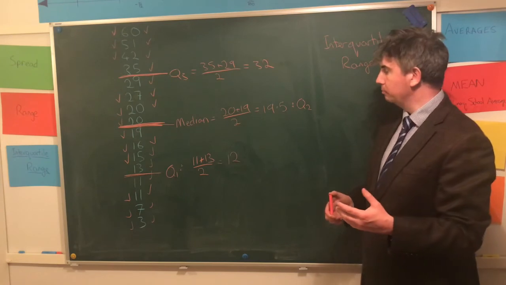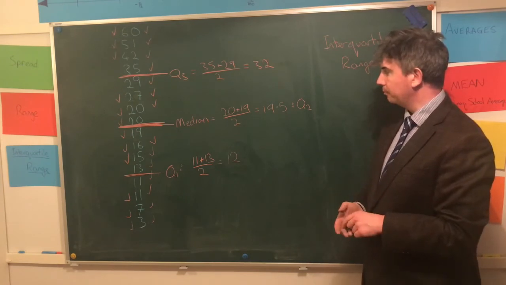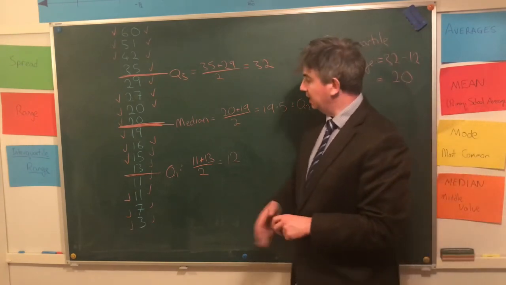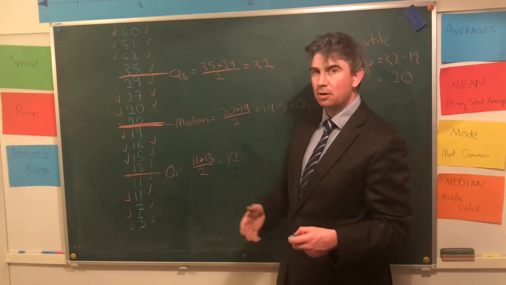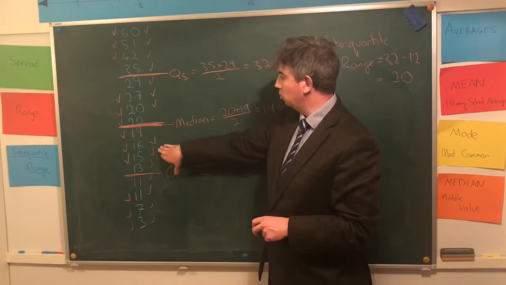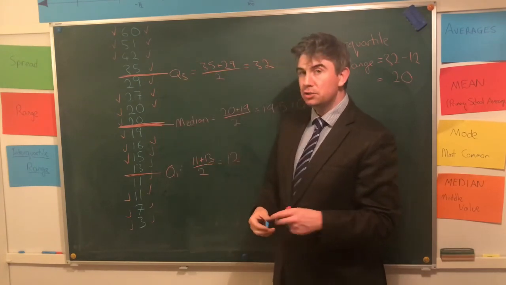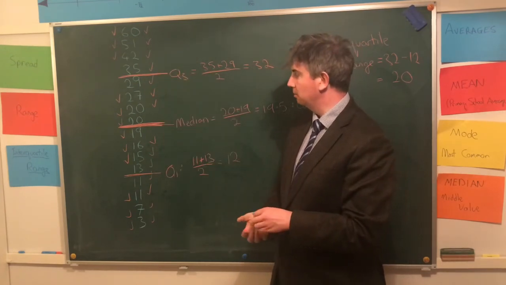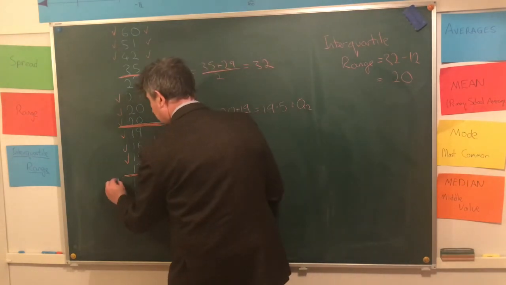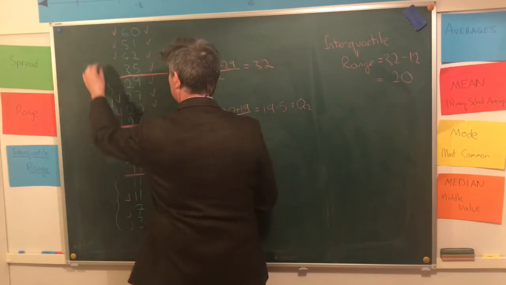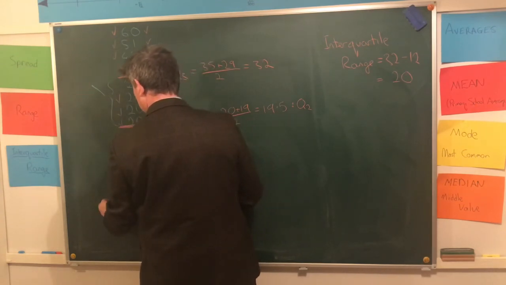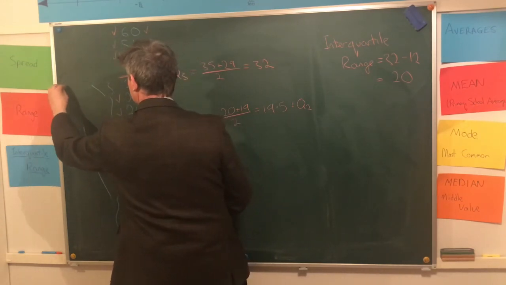Now, each of these things that I've broken my data set up into, that quarter and that quarter and that quarter and that quarter, each of those are called a quartile. They're both quartiles.